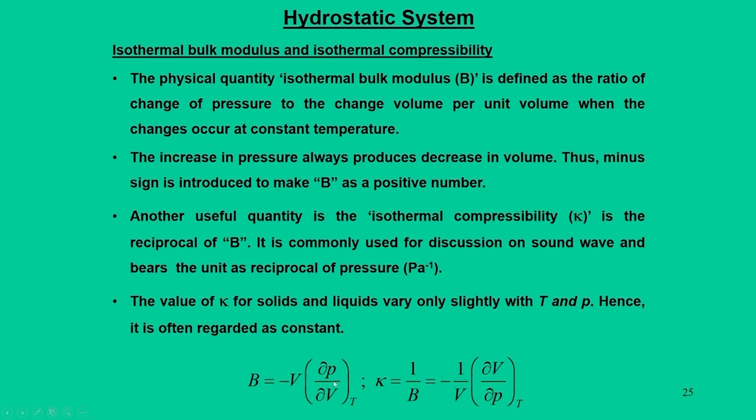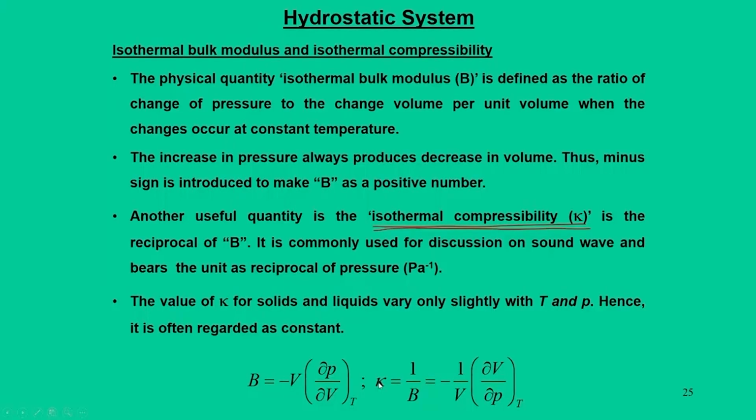Similarly, another quantity can be derived as the reciprocal of B, and we call this the isothermal compressibility. This particular parameter is mostly used when you deal with the speed of sound, and in fact, we use this in compressible fluid mechanics or compressible flow.